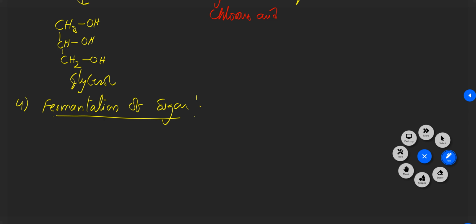What is molasses? It is a mother liquor which is left over after the formation of sugar crystals. It is the waste liquid formed after the crystals of sugar form. So that liquid we call mother liquor or molasses.